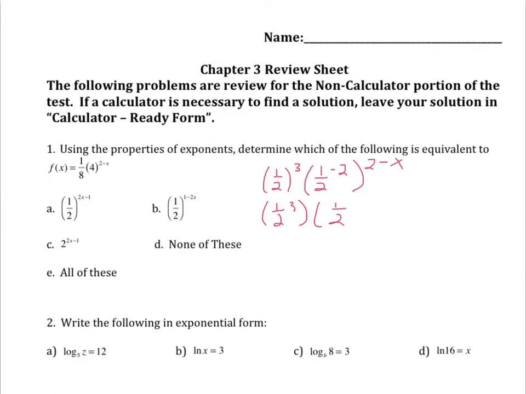So I'll have 1/2 to the negative 4 plus 2x. And since I have the same base, I can add my exponents together. So I'll have 1/2 to the negative 1 plus 2x, and that would be choice A.